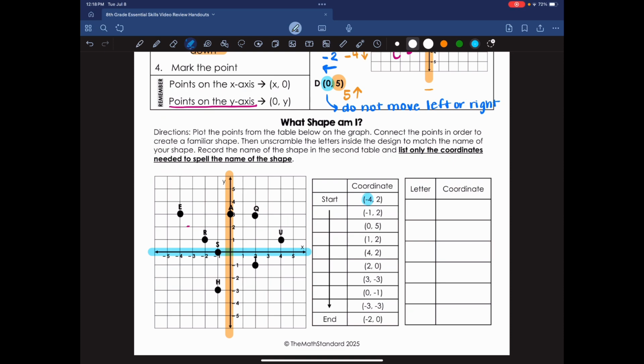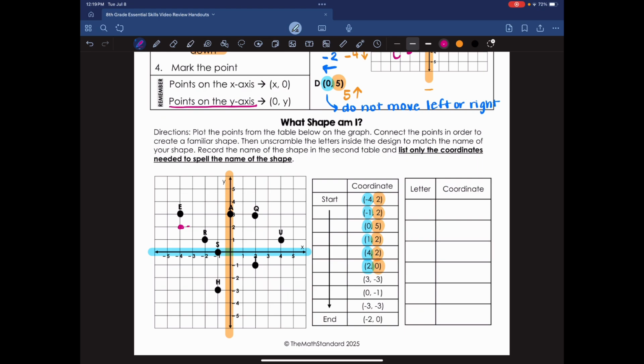So this is my x, and if you want to color them all right away, just so you don't forget, color them all. Do the same thing with your y's. Okay, and you would keep going, and then let's plot some points. So starting at the origin, negative 4 for my x-axis means I move backwards 4, then up 2, and here's my first point.